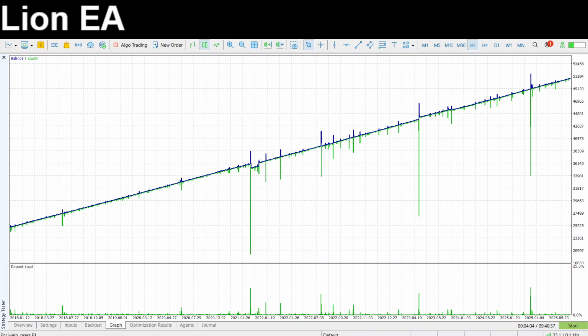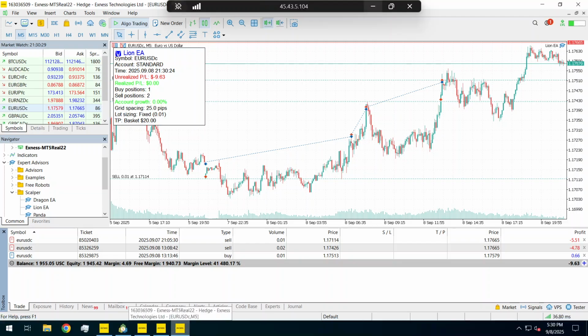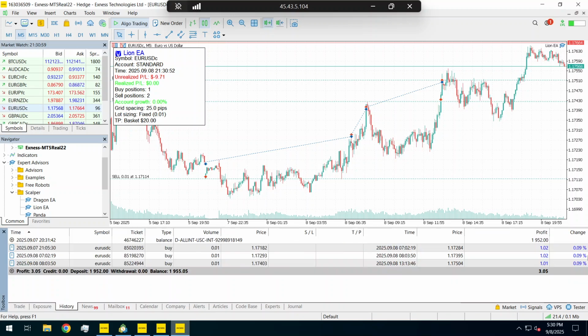I'll need to do a display capture. So this is the live account. I just deposited a little less than $20 and it turned into 1955. This was just settings. I set it for $1 and everything is working properly.